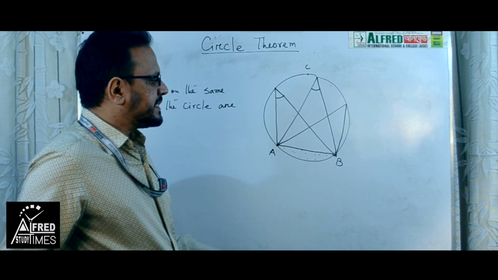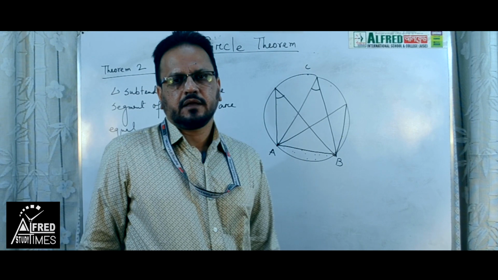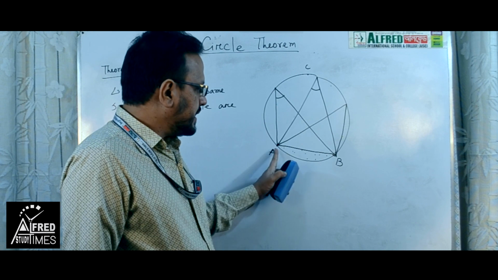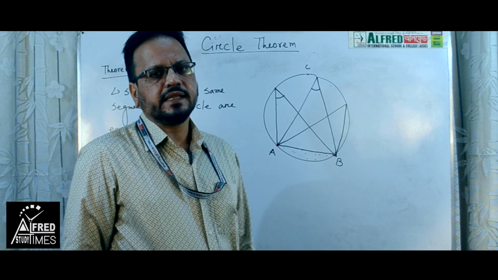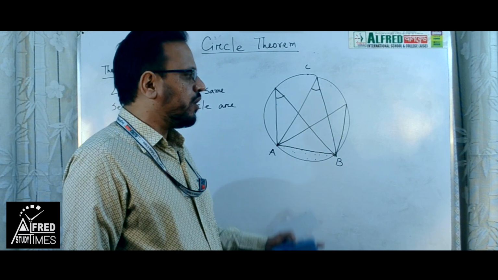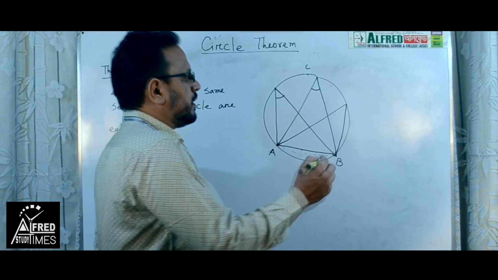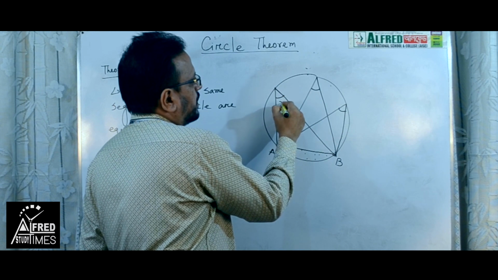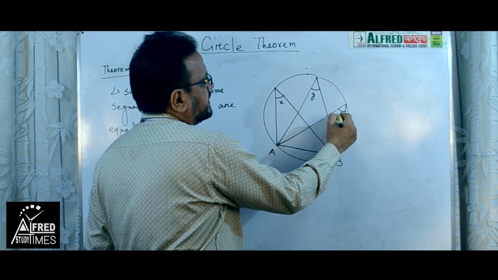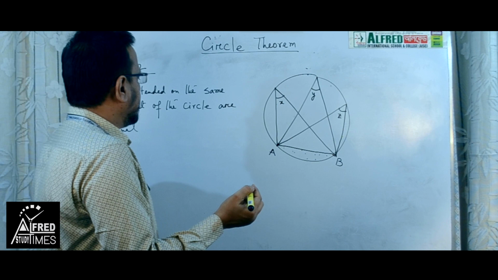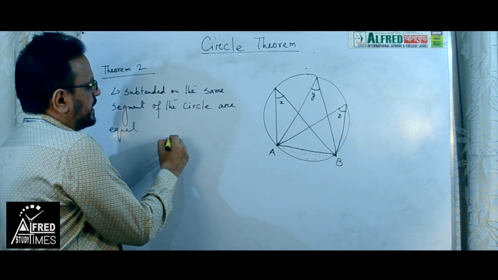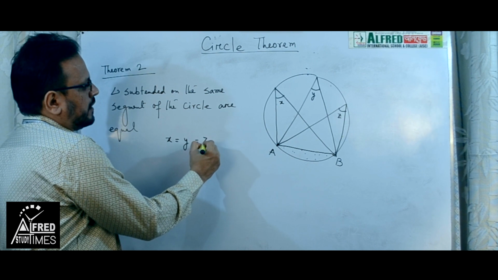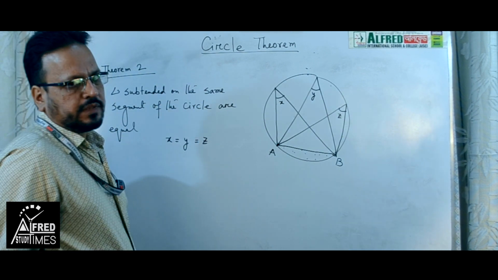All the angles are standing on this segment, or we can also say in the same arc. This is the arc. Or we can say on the same chord. AB is the chord, and all the angles are equal. So let me mark with X, Y and Z. And we can say that X is equal to Y is equal to Z. This is what the theorem says.